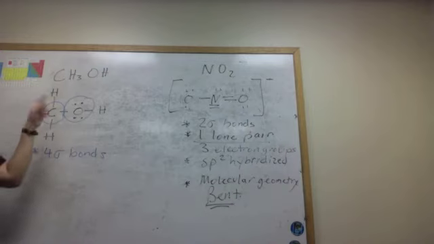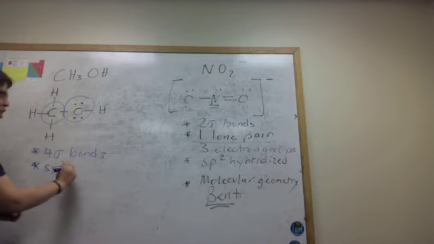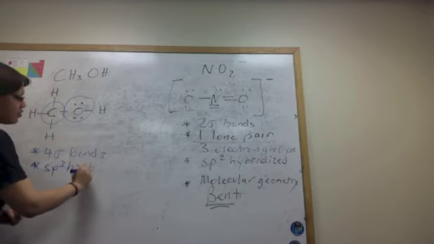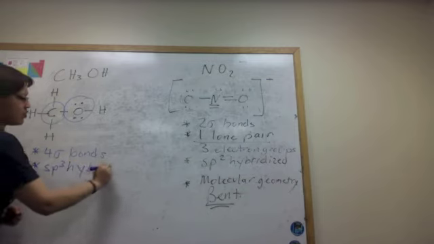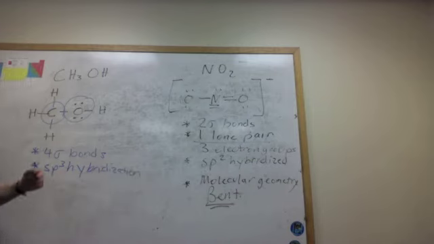The 4 sigma bonds would correspond to 4 electron groups, which would give us an sp3 hybridization. Since all of the electron groups correspond to bonding groups, the geometry will be tetrahedral.